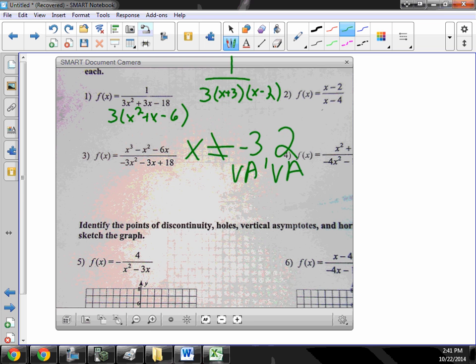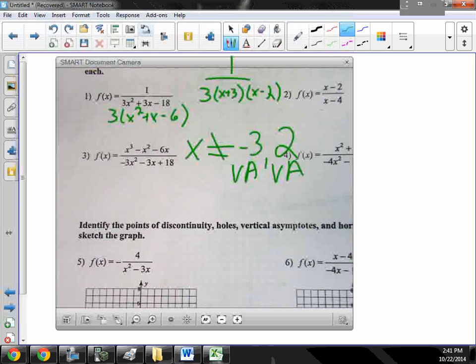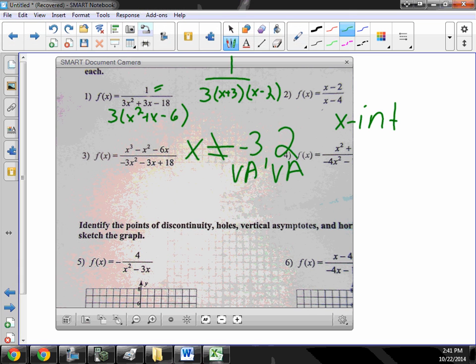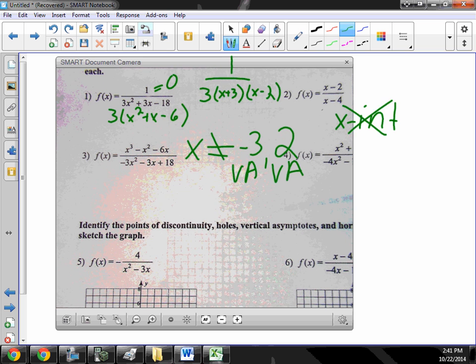Now, we need to figure out the x-intercepts. What x value makes the top equal 0? There are no x's up there, right? So this has no x-intercepts. It never crosses the x-axis. Does that make sense?